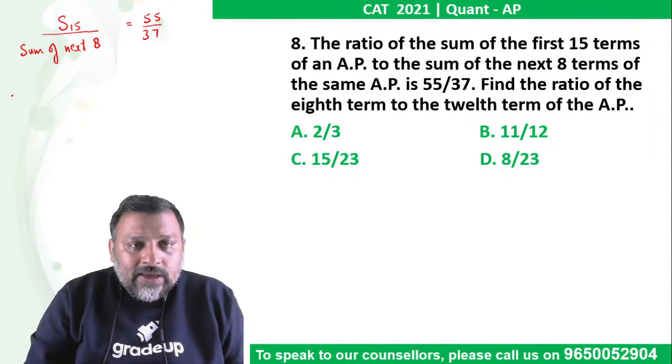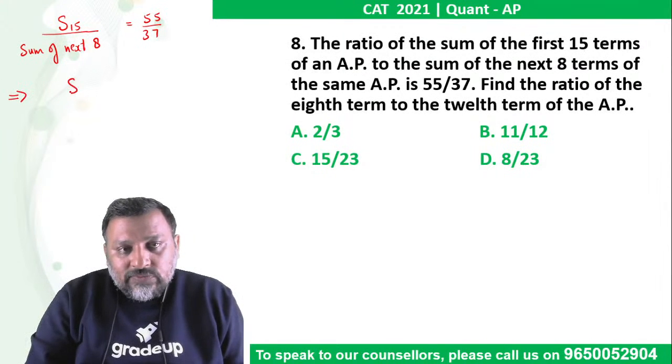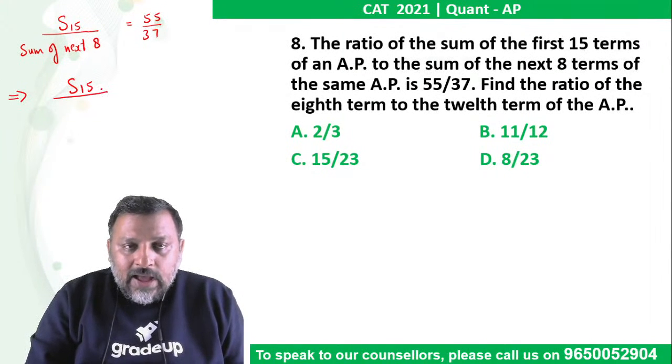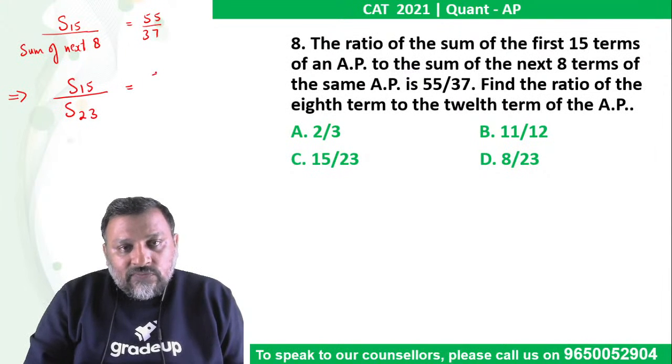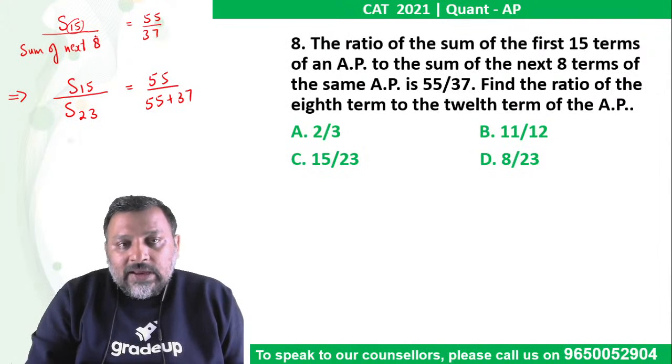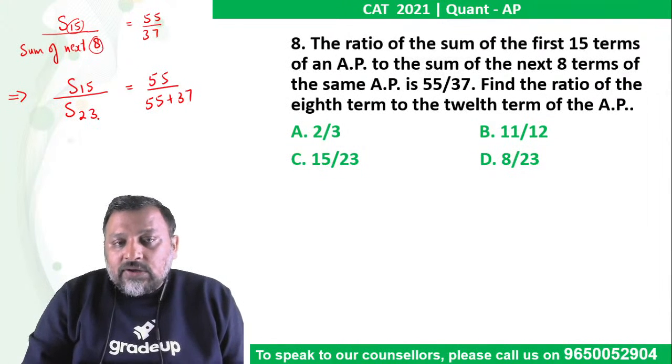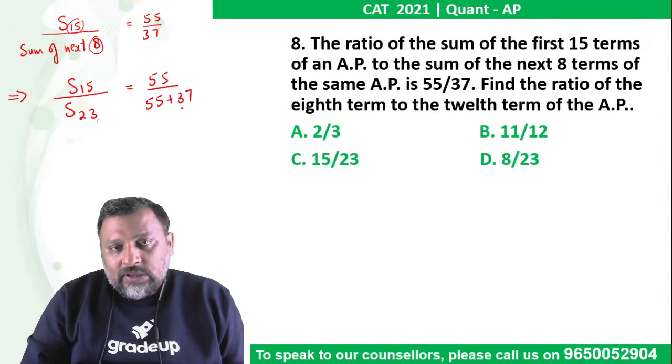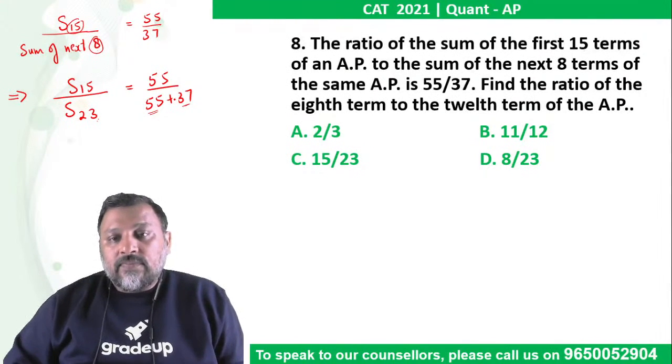So now can I rewrite this as sum of first 15 by sum of first 23 as 55 by 55 plus 37. If you add these 8 also to the 15, it becomes the first 23.